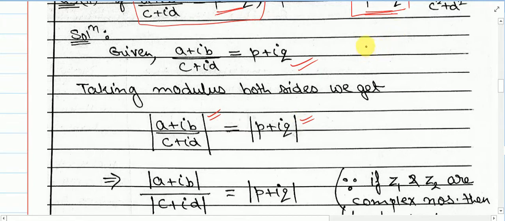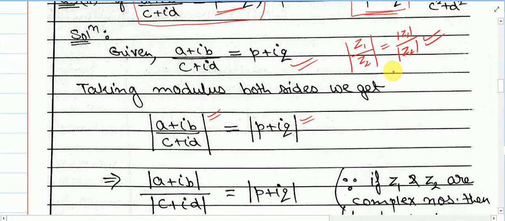I think we have discussed the properties of modulus. It says that if we have two complex numbers z1 and z2, then mod z1 upon z2 is equal to mod of z1 upon mod of z2. I think we have discussed this property.